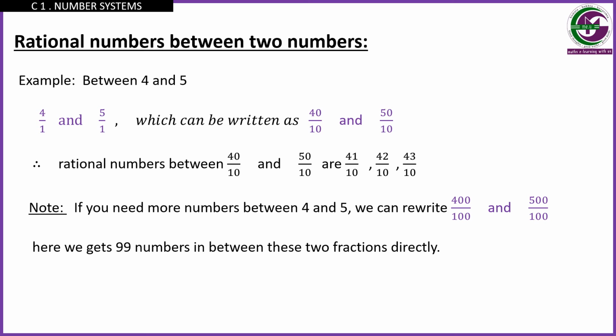So here we get 400 divided by 100 and 500 divided by 100. Now you are free to choose any 99 numbers in between these two fractions. So that will be the answer for rational numbers between 4 and 5.